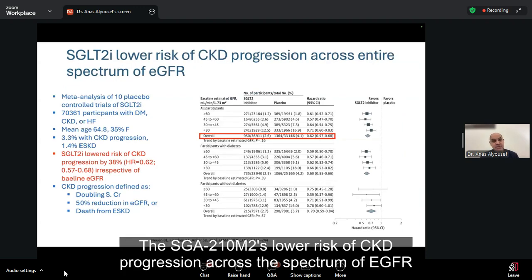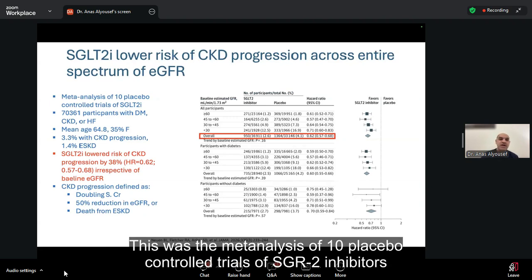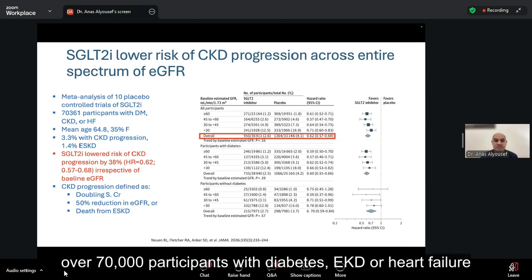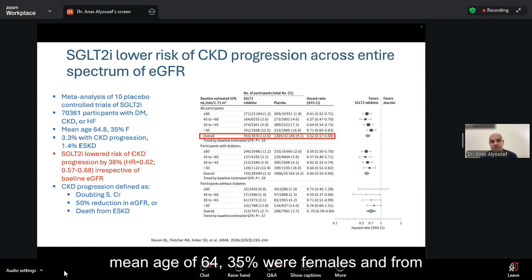The SGLT2 inhibitors lower the risk of CKD progression across the spectrum of eGFR. This was a meta-analysis of 10 placebo-controlled trials of SGLT2 inhibitors, over 70,000 participants with diabetes, CKD, or heart failure, mean age of 64, 35% were females.